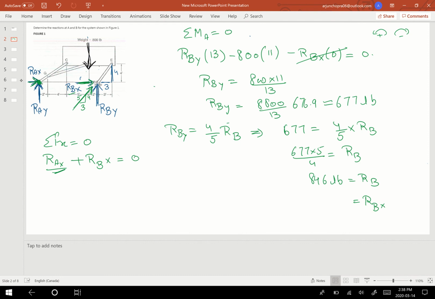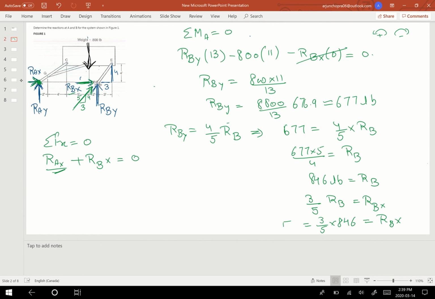RBX will be equal to 3 over 5 RB. So 3 over 5 times 846 is equal to RBX, which comes out to be 507.